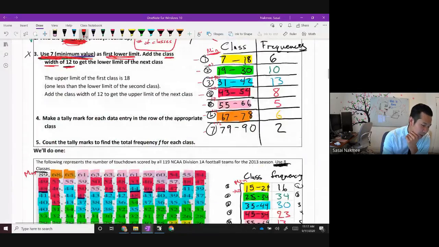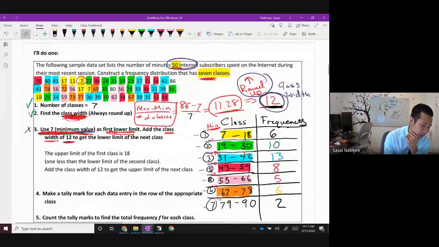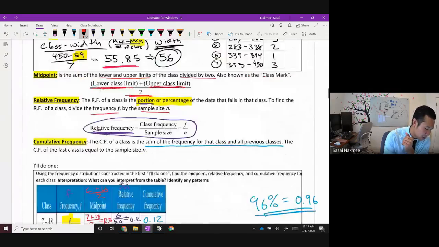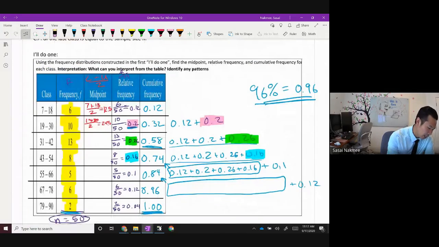Back to this example up here. What was the class width? It was also 12. Do you see that? So when I started counting from one class to the next, I could count by 12s. Guess what's going to happen with the midpoints? They're also going to go by 12s, and I can prove it to you. Let's do this one. 31 plus 42, divide that by 2.